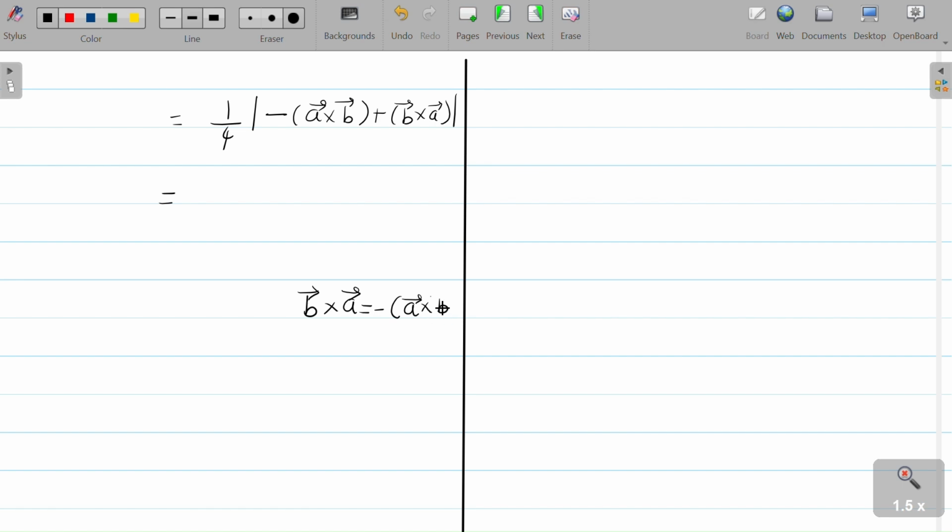So applying this rule here, we get 1 by 4 modulus of minus A vector cross B vector. So B vector cross A vector can be written as minus A vector cross B vector.